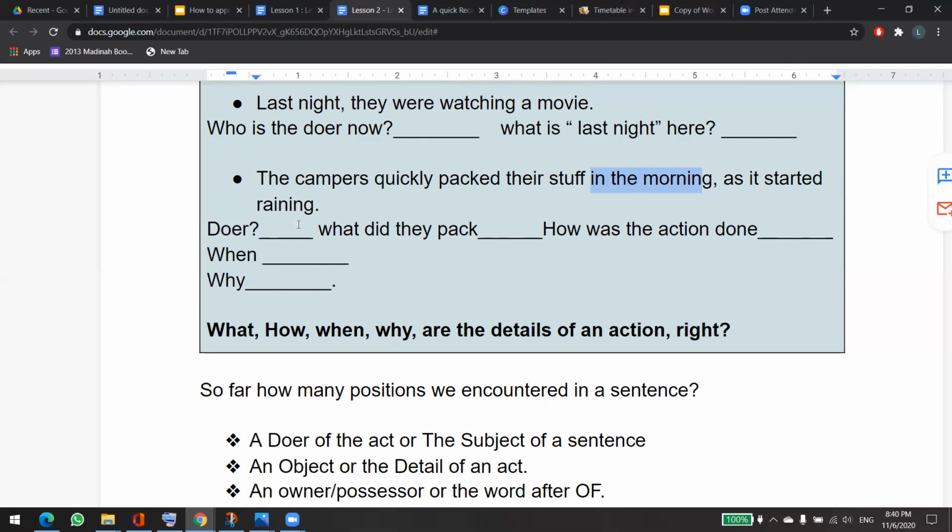Again, as it started raining. So this portion is again a detail about the action. That is telling us why. So what, how, when, why are the details of an action. Got it?